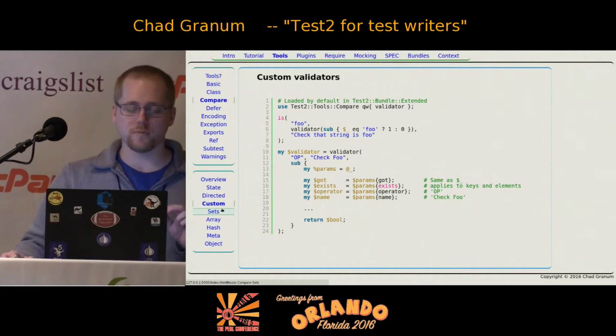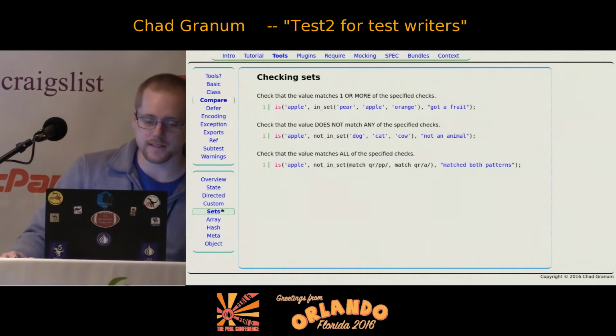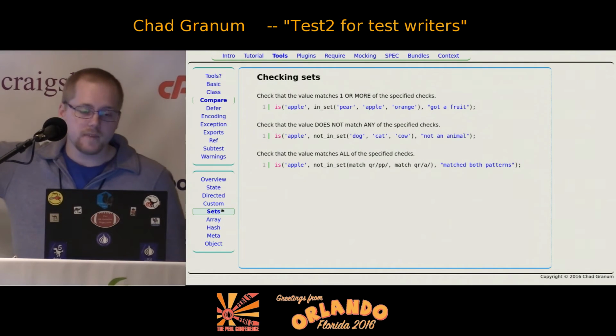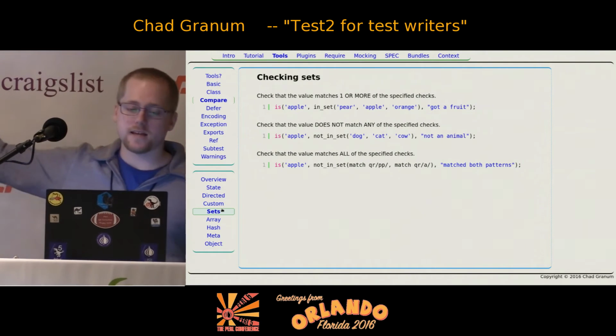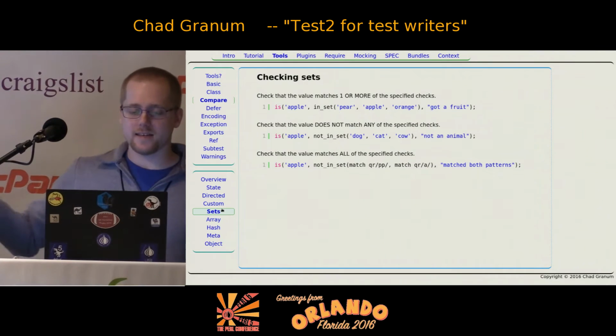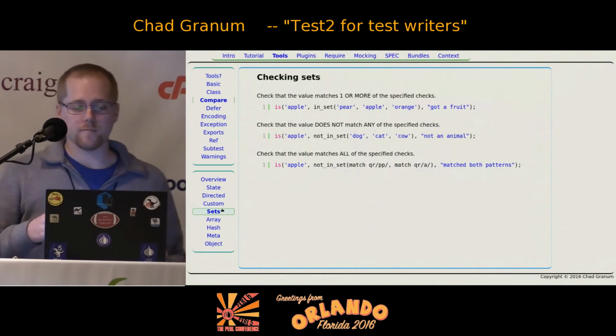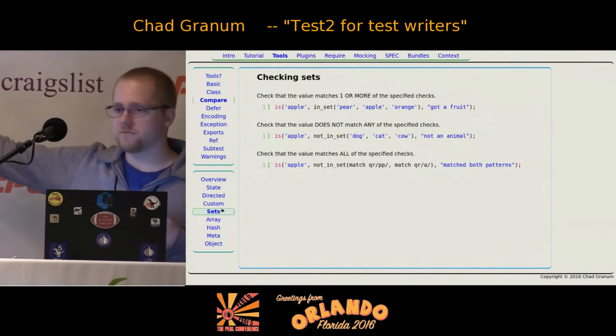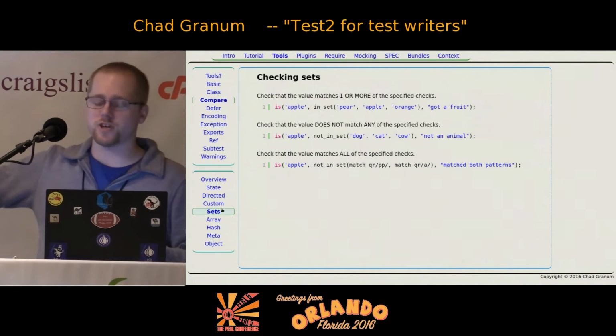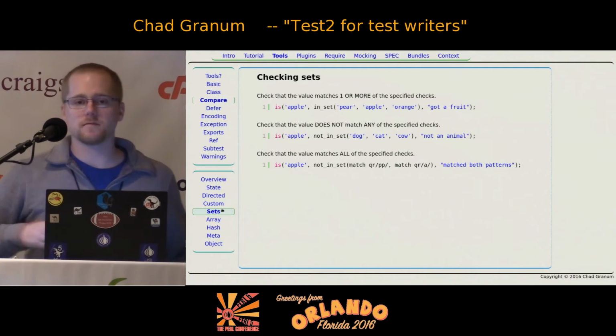But I'm not going to go into too much detail because I want to get to even more advanced stuff. Sets, this was nowhere to be seen in test more, but you can check, hey, is this in this set? Is this thing not in this set? Oh, and by the way, you can use the match, mismatch, or whatever other checks you want in your sets. It just works.